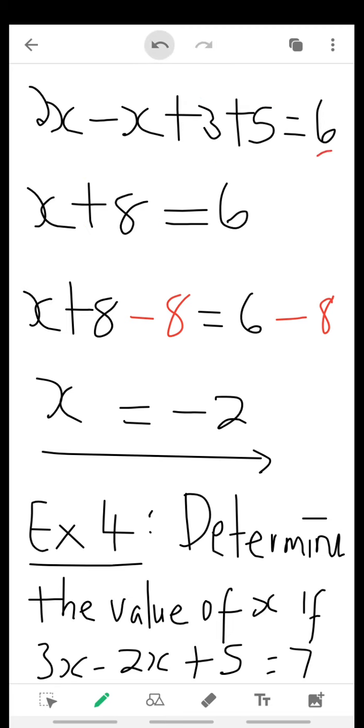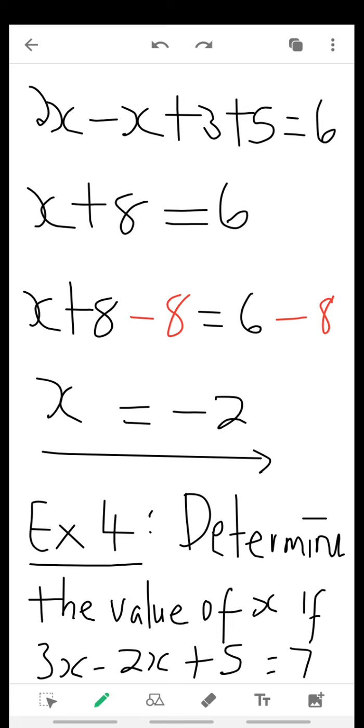Then we have the 6. Now the question is, which number would go into x such that I have the answer on the right hand side when adding 8? Obviously that would be -2, because -2 plus 8 is 6. So my x value is -2 using inspection.